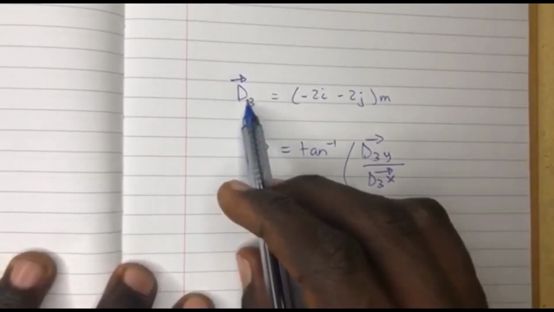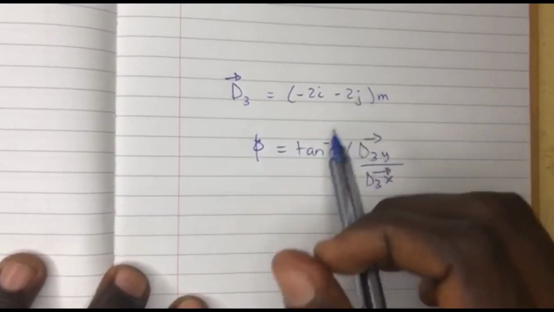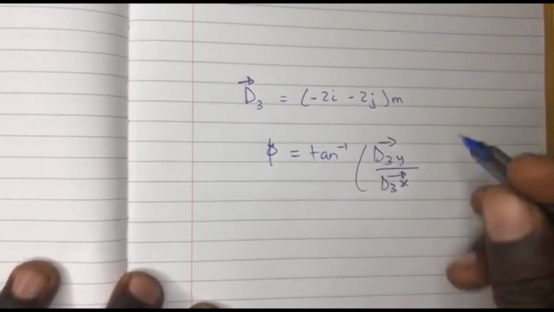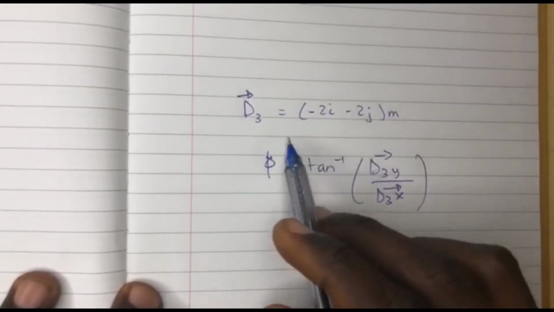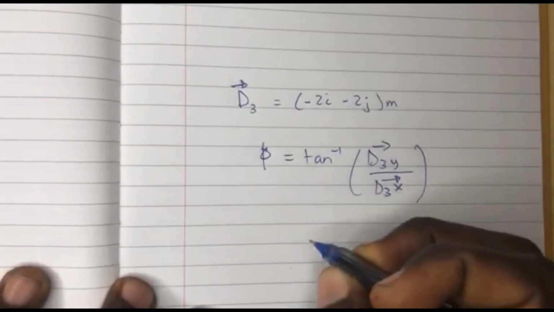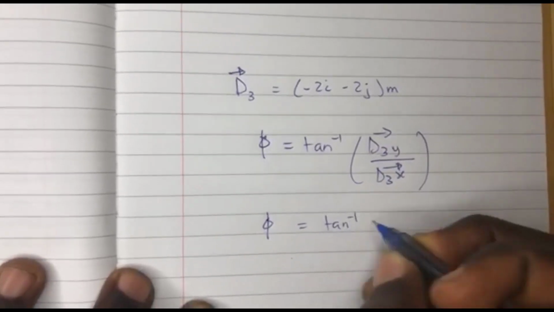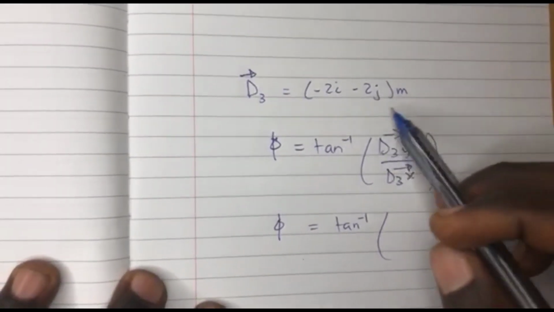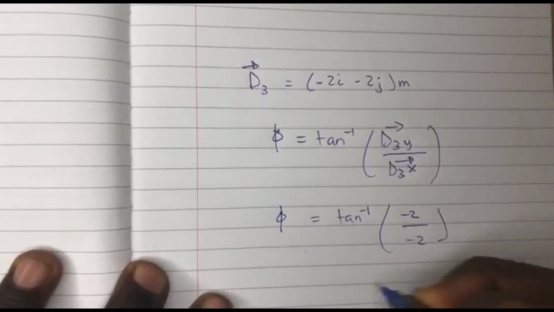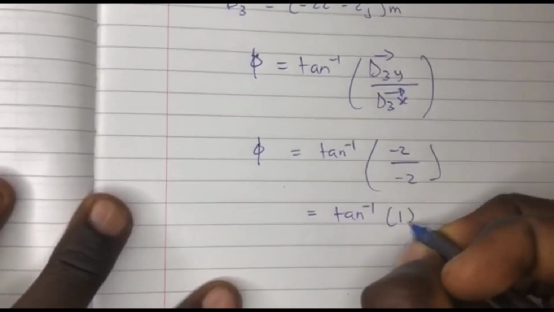We can split d3 into the x component and the y component. Anytime we want to find the direction of the vector, it is the y component divided by the x component. So phi will be equal to tan inverse of, the y component is minus 2 and the x component is also minus 2, so this is tan inverse of 1.